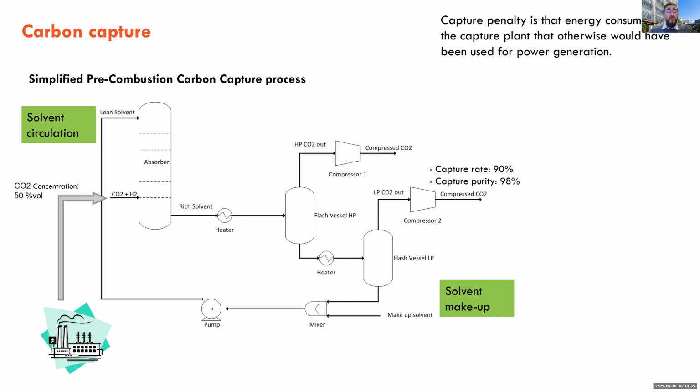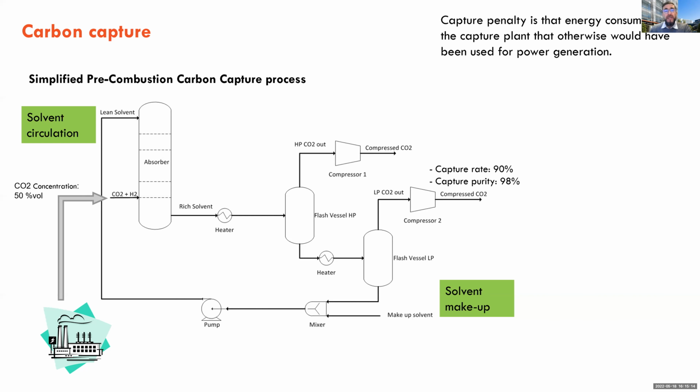You will hear much more about this type of plant in the coming months and years, because it is going to be an important process in capturing the CO2 for us to achieve the net zero targets for the future. So here the CO2 is emitted from the plants on the left. It's absorbed in an absorber column. It's a very big tower.